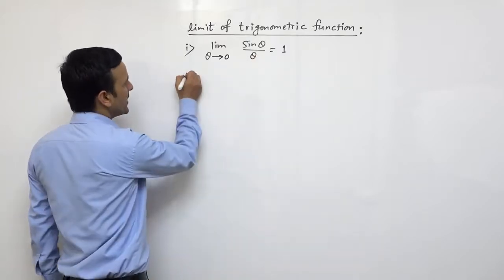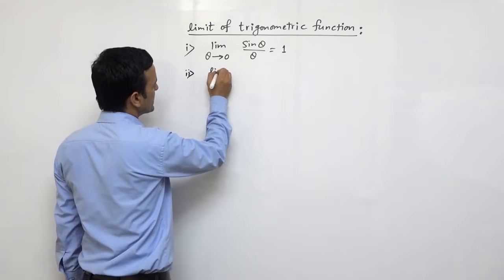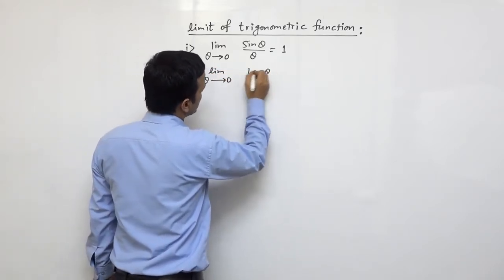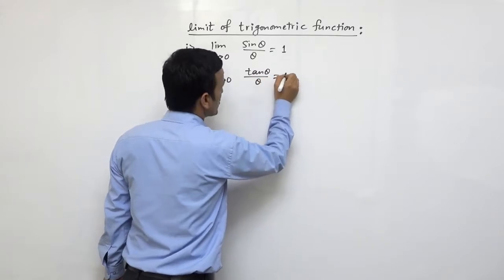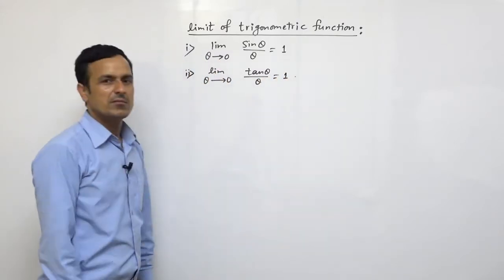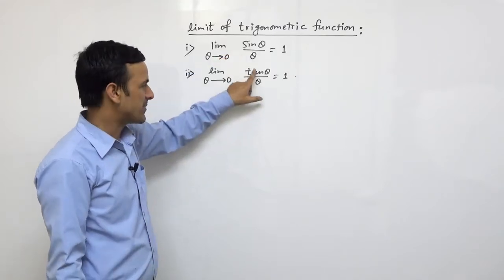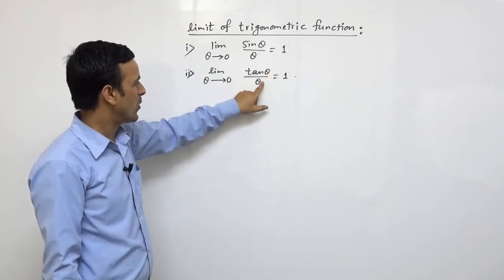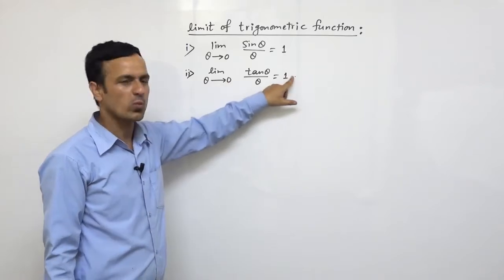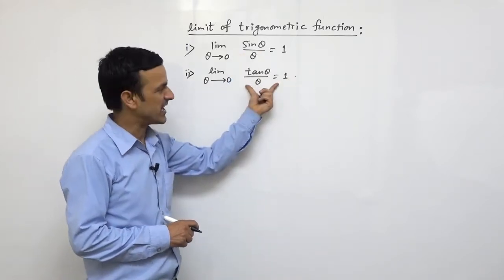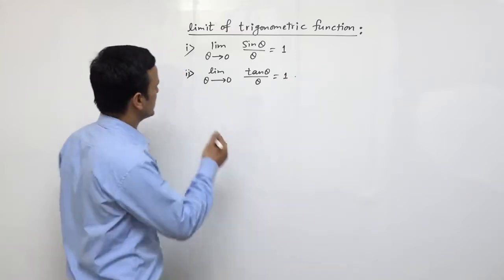So in number 2, limit theta tends to 0 tan theta divided by theta is also 1. भर्खरै हामीले ज्योमेट्रिकली प्रुभ गरेको थियरमको हेल्पबाट हामी tan theta by theta when theta tends to 0 is equal to 1 पनि प्रुभ गर्न सक्छौं. माथिकै थियरमको हेल्प लिनुपर्छ यसको लागि 1 शो गर्न सकिन्छ.